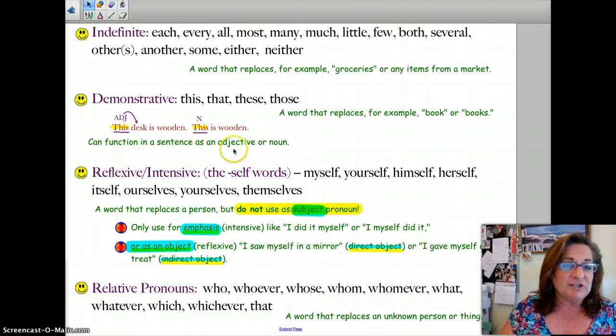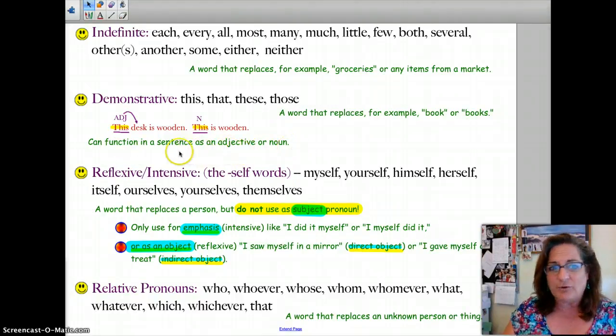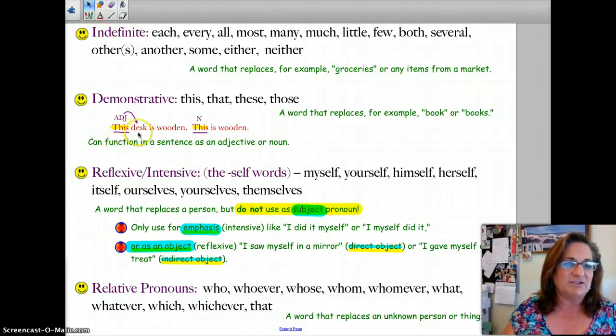Okay, they can function in a sentence as an adjective or a noun, but you can still call it a pronoun. So here's an example. This desk is wooden. So this is describing desk. It's an adjective, right? And then this is wooden, meaning the desk. You're substituting it out. It's a pronoun. It's functioning as a noun, right?